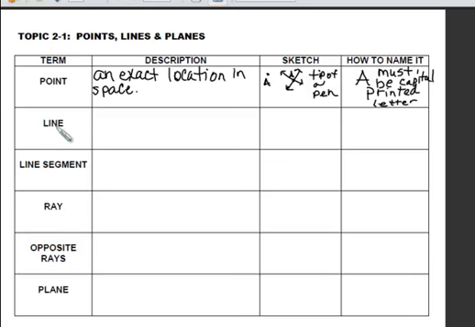The line is our next undefined term. We call these undefined terms because they are represented by examples.